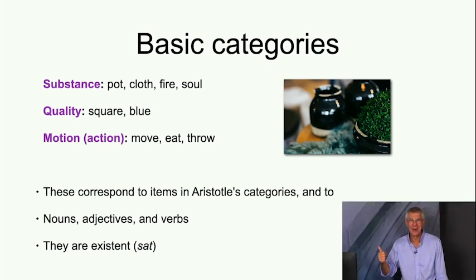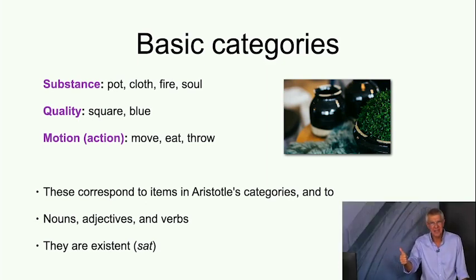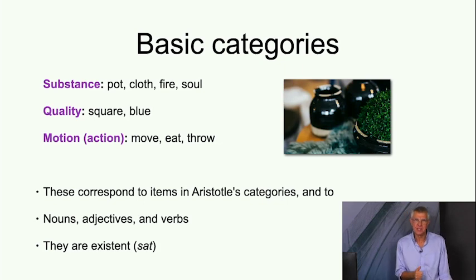There are, and now this won't surprise you after looking at Aristotle, substances, things like pot, cloth, fire, or soul. Soul might be a little surprising. The others are very direct and material. But in any case, these are the examples that are given in the sutra of substances. They are the basic particular things of the world. And so remember, Aristotle distinguished between primary substances, the this is this such, and then the suches, the secondary substances or the general kinds.